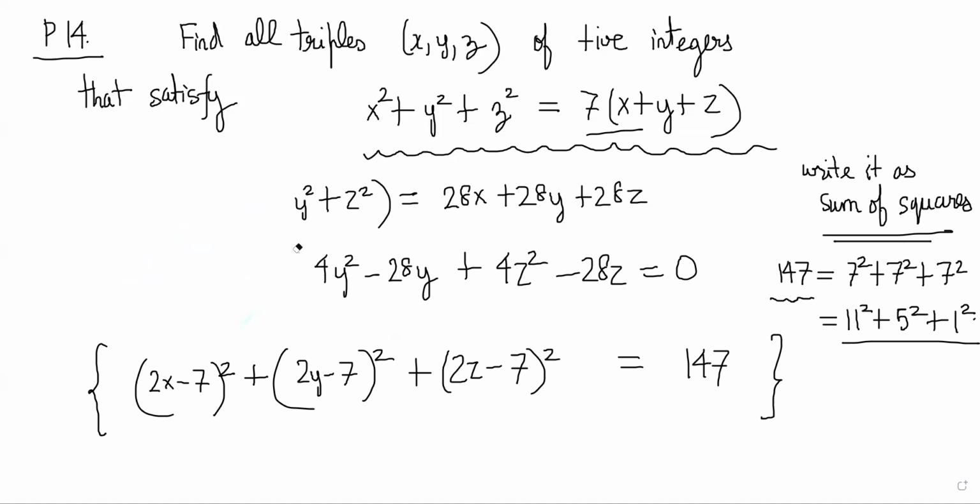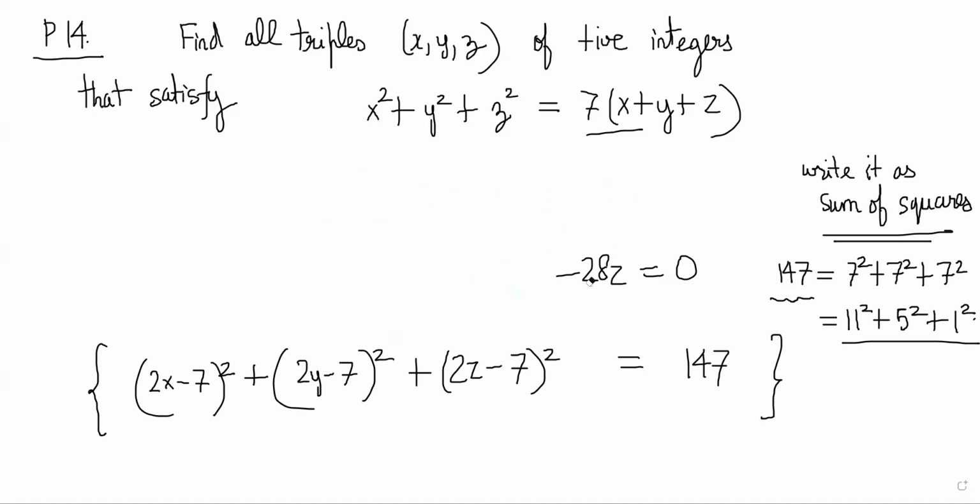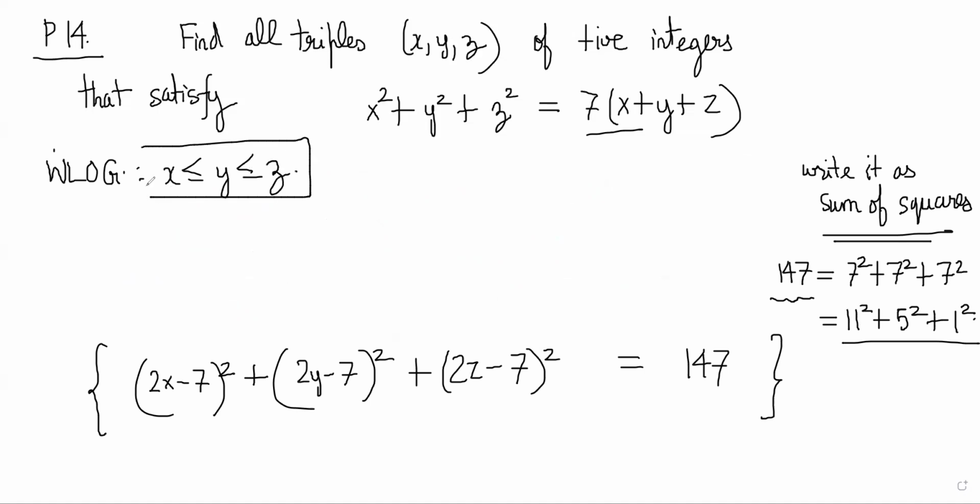But before you start solving it, you need to assume a certain initial situation. Like you can assume, without loss of generality, that x is less than y is less than z. If you have 3 integers, obviously there will be an ordering among them, right? And you can now take cases. If you take the case 7, 7, 7, you will get some solutions.